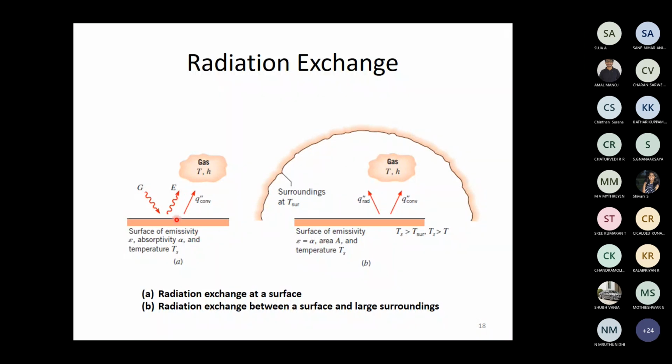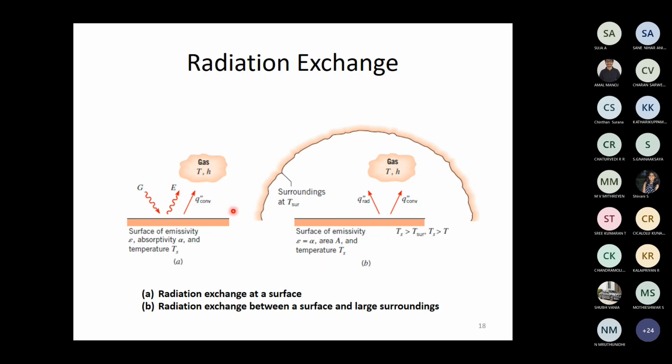So here we can see that because of the temperature of the surface and the absorptivity of the surface, there is some radiation emitted by this surface. And also because of the presence of the gas and the temperature difference between the gas and the surface, there is a convected heat. So the total heat transfer between the surface and the surroundings is the radiation heat transfer plus the convection heat transfer.